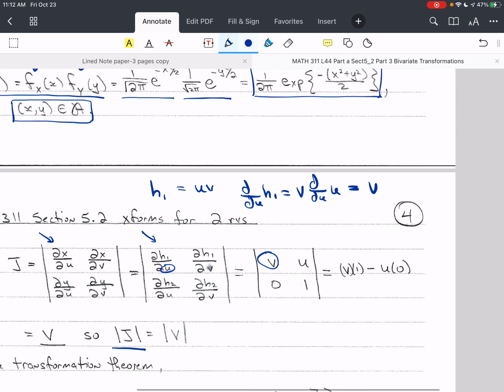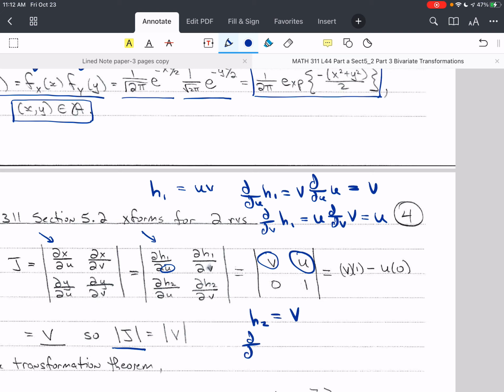And then I take the derivative with respect to v of h1, and that's going to be u times the derivative of v, and again I get u. And so that's here. Then I have h2 is equal to v. So when I take the derivative with respect to u of h2, there is no u here, so that's going to be 0. And when I take the derivative with respect to v of h2, that's 1.